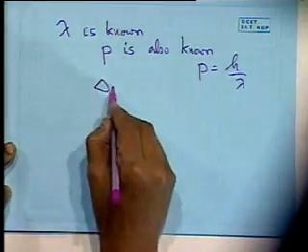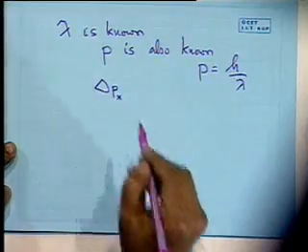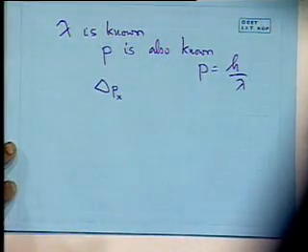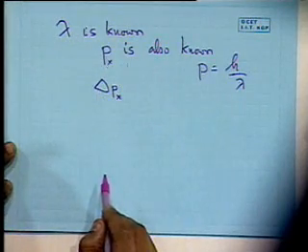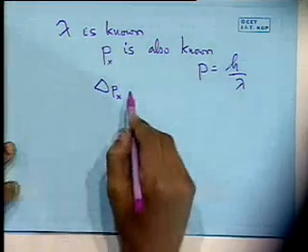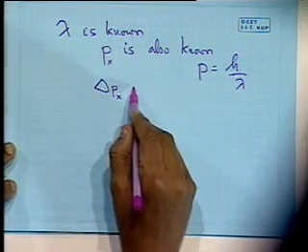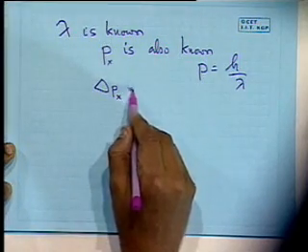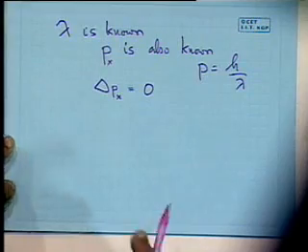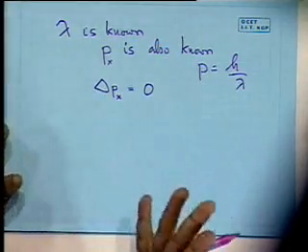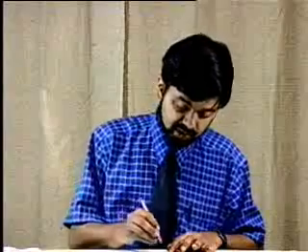So for travel in the x direction, which we write as px, or delta px, what is the uncertainty? This is the case for a free electron where delta x is infinity and delta px, for traveling in the x direction, is 0.